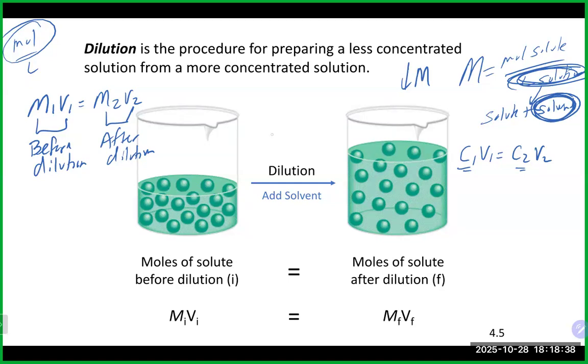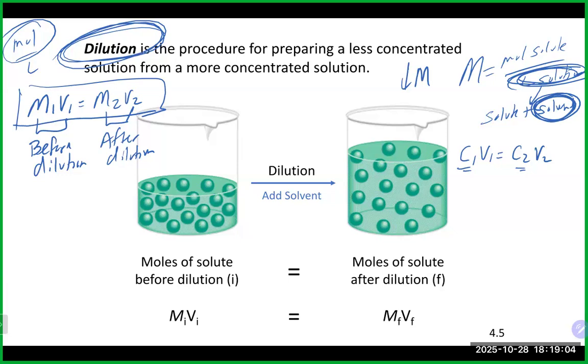Now, if you are using the dilution equation, a dilution should be happening. That is typically when you should use it. You should not just use it in all situations where you have two molarities and two volumes. Especially later on when we talk about some solution stoichiometry, you might get lucky, but not all the time will you get lucky. So you should not use it if it's not a dilution.